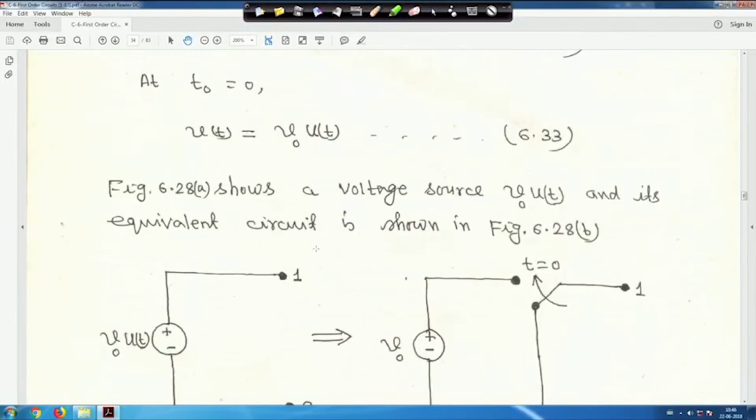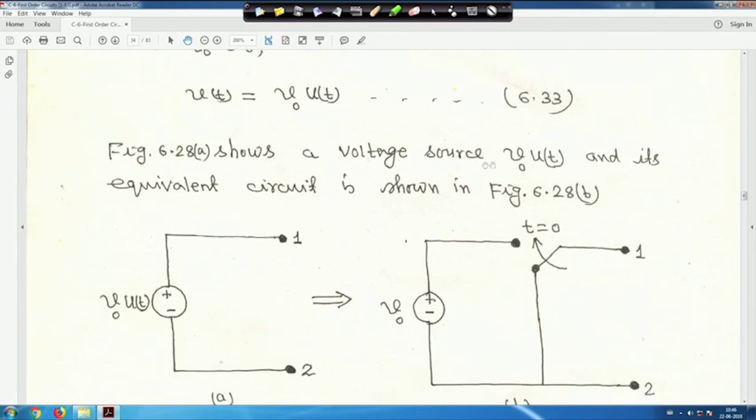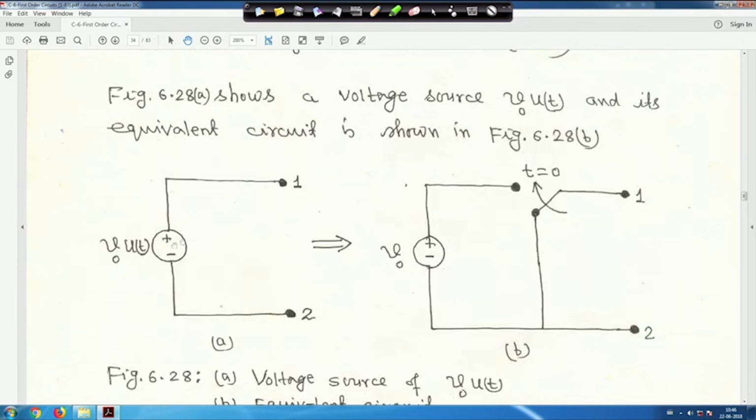Now let me show you the circuit. Figure 28a shows a voltage source V0 u(t) and its equivalent circuit. For t less than 0 it is 0, and for t greater than 0 it will be V0.